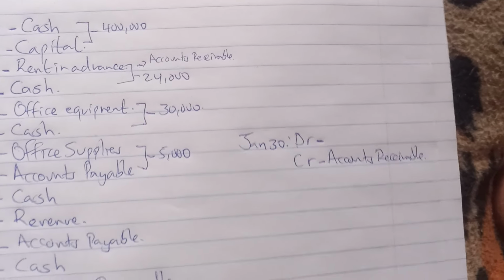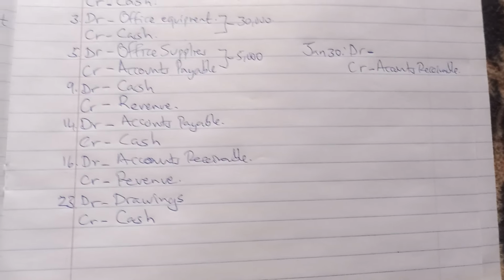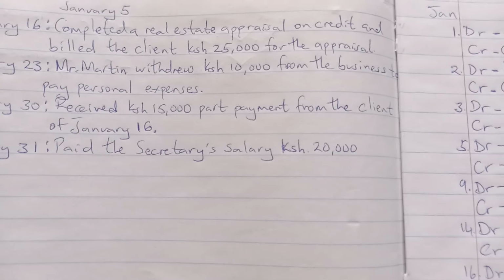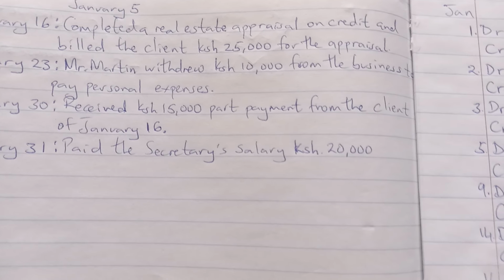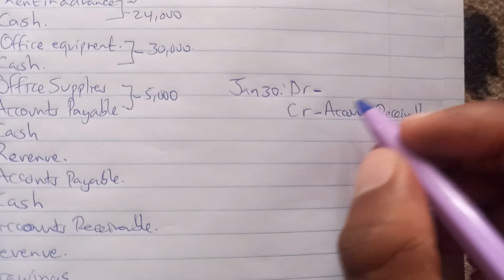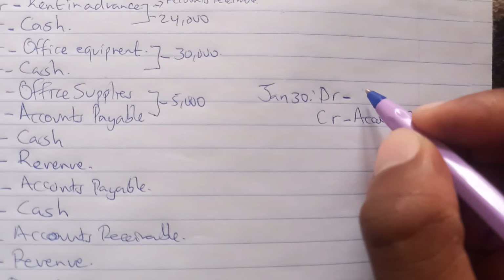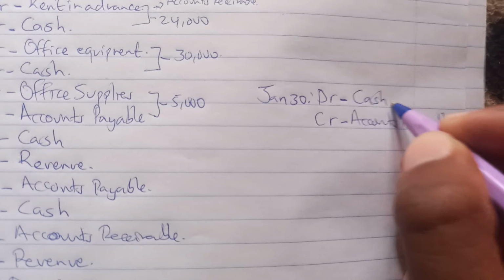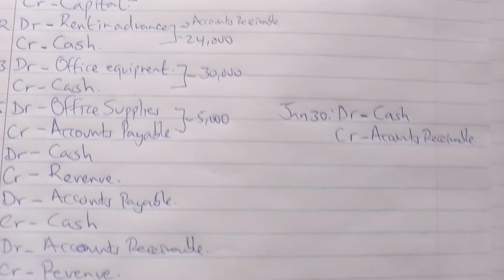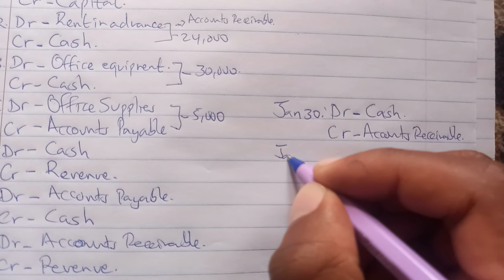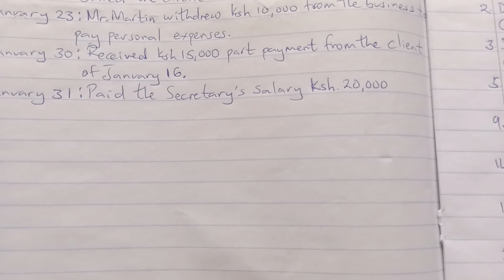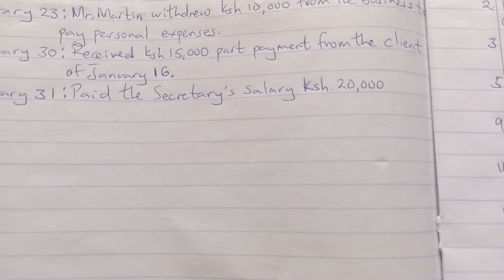So now, what are we debiting? The client is paying 15,000 in cash. So cash is an asset, so we are gaining money. So we debit. Okay. And then the last transaction, January 31st, we are seeing that paid the secretary's salary, 20,000.